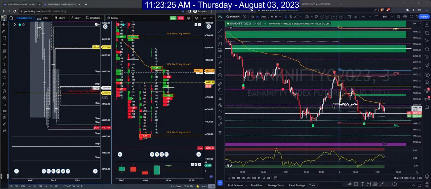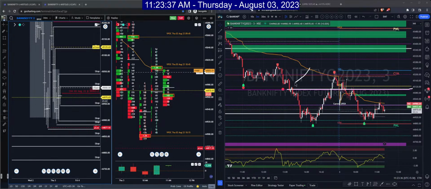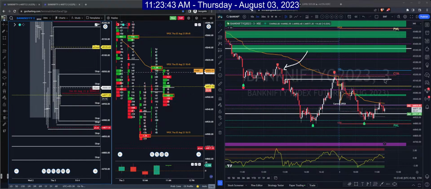What we saw is supply getting absorbed, and then immediately price moved above the 45,100 level, because that's where I was expecting supply to come in based on the price action and the stops. There were stops at this particular level, and also at the 45,200 zone.